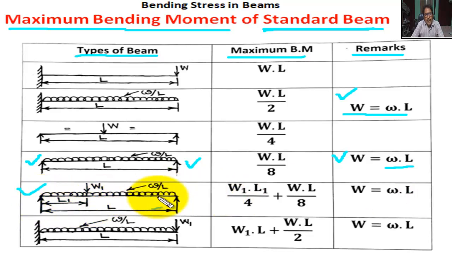Total weight of the beam W equals omega into L.